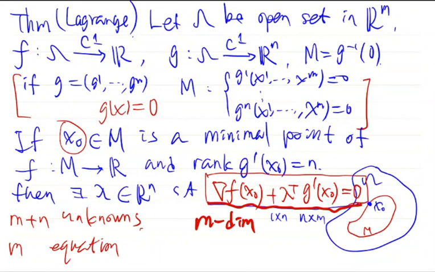The number of unknowns is more than the number of equations.